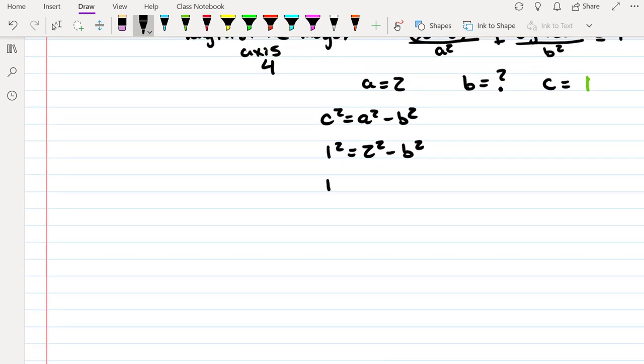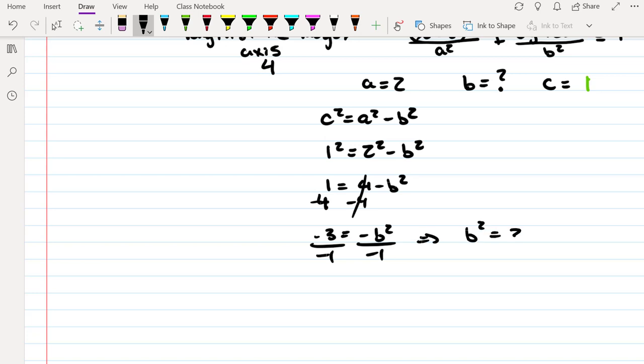That gives us 1 is equal to 4 take away b squared. Minus 4 and minus 4, we get negative 3 is equal to negative b squared. Divide by negative 1, and we get b squared is equal to 3. Taking the square root, we get b is plus or minus the square root of 3.